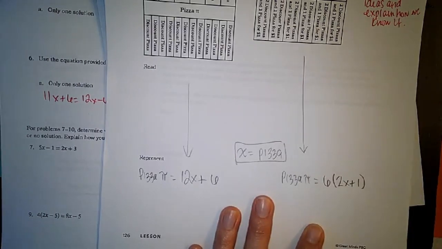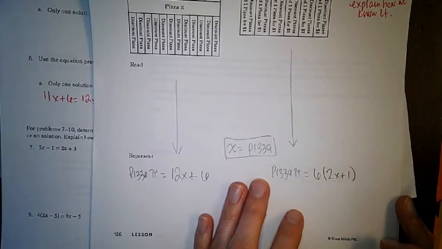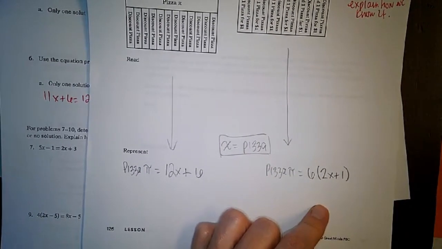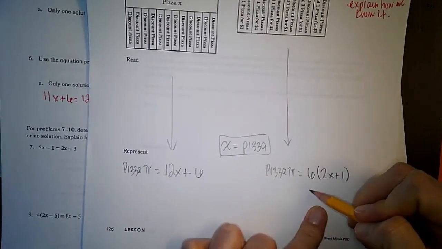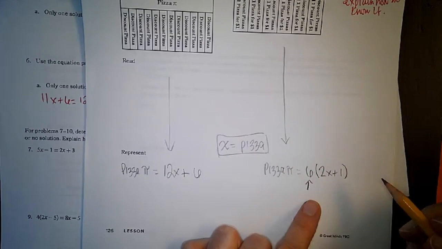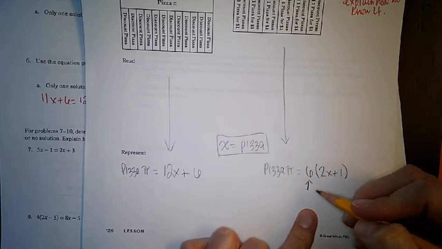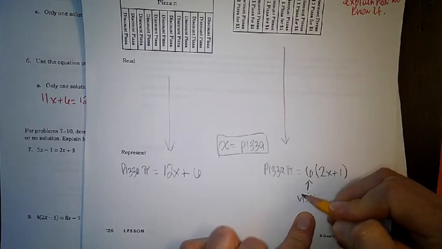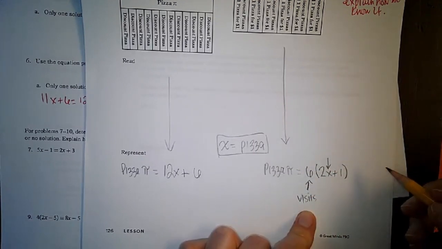Okay, so, yes, exactly. So, let's look at this. The 6 represents the what in this problem? The visits. And the x equals the what? The pizzas, right?